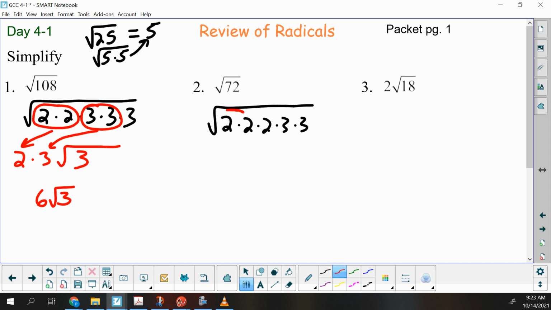We're going to circle our pairs. So 1 2 will go out front, 1 3 will go out front, and this time we have a 2 left inside the radical. 2 times 3 gives us 6. So we'll have 6 square root of 2.